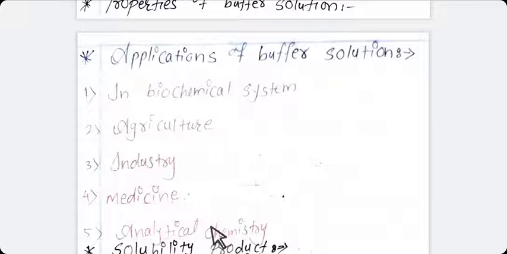Group 1, Group 2, third A, third B, 4, 5, 6. So, for precipitation of cation, as you know what is cation and what is anion, for the precipitation of cation of third A group, a pH of 8 to 10 is required, and it is maintained by use of ammonium hydroxide and ammonium chloride buffer.